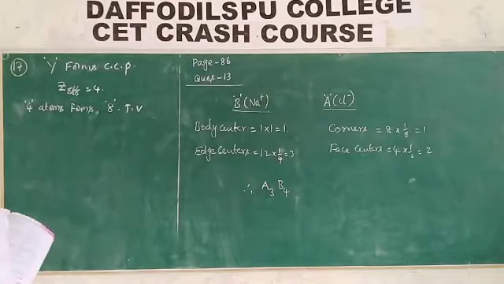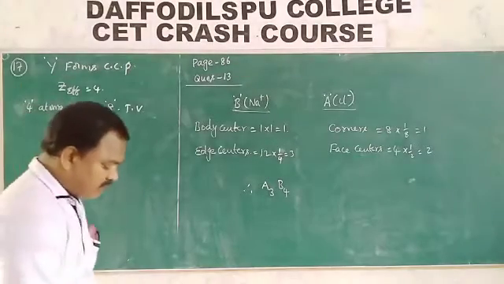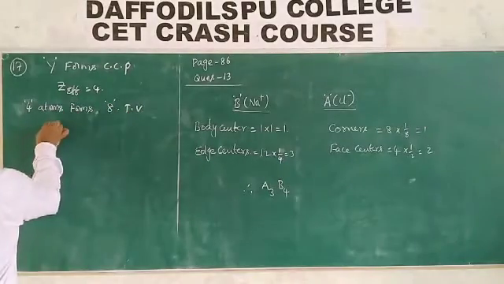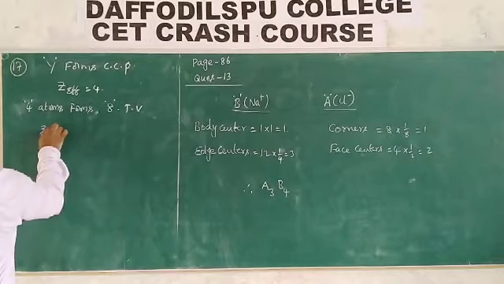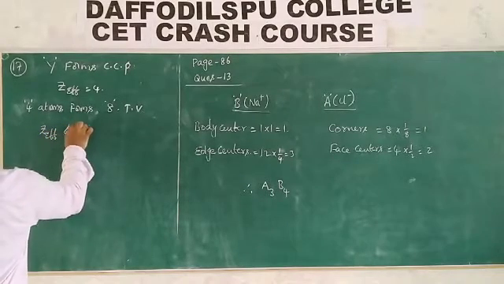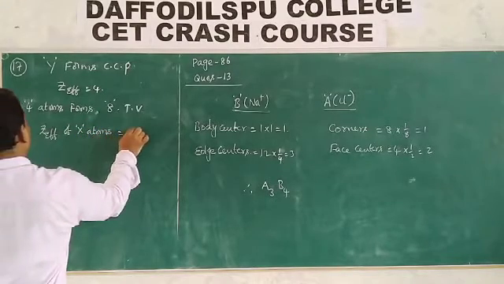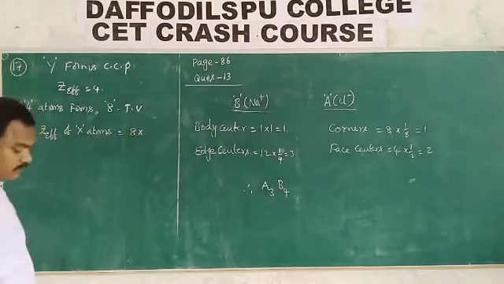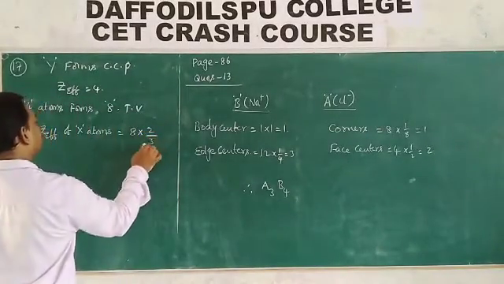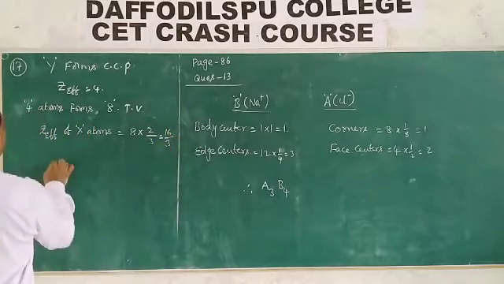Those tetrahedral voids are occupied by X atoms. So the effective number of X atoms is 8 into 2 by 3, so it becomes 16 by 3.